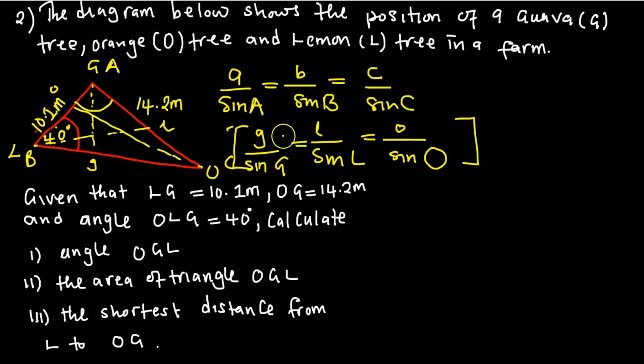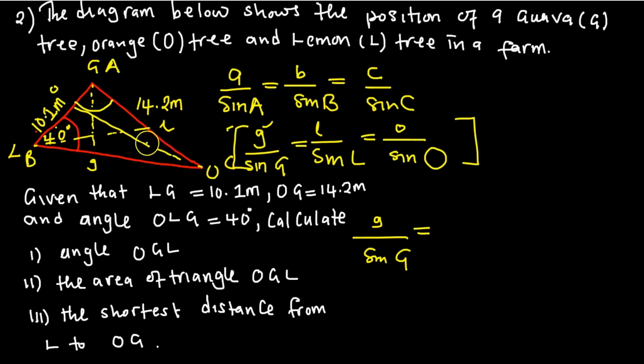Now I can only use GL or GO or LO, two of the parts at once. Which part am I going to use? I want to find G, because this angle here is G. But the part we pick should have all the parts involved or given.